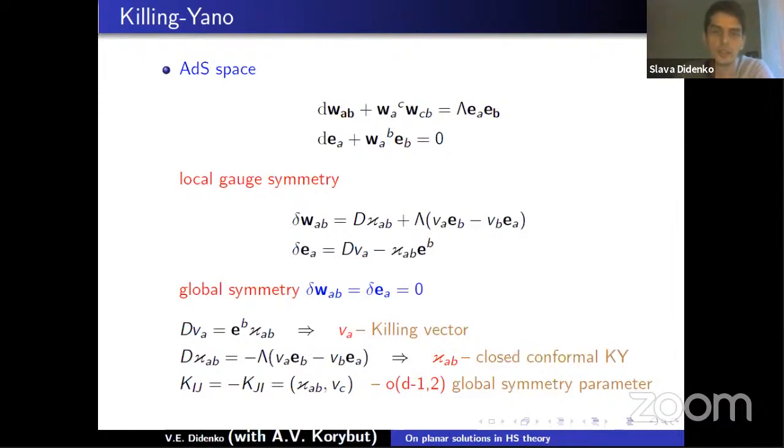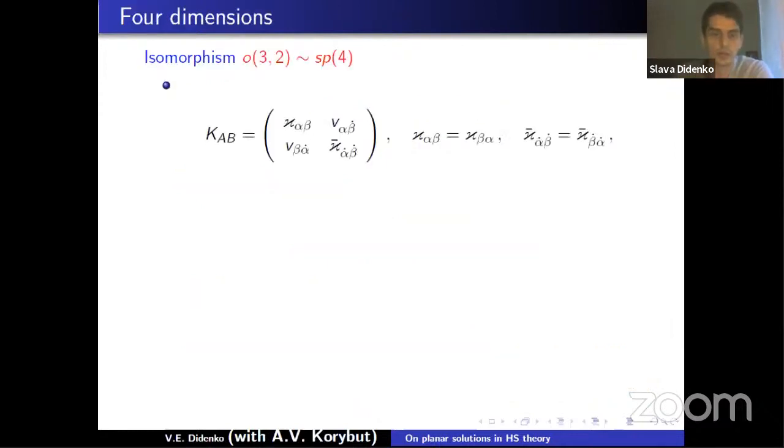So you see in AdS spacetime, those fields go hand in hand, and they can be unified to form the global symmetry parameter of the so(d-1,2) algebra. Okay, so long as we are in 4 dimensions, the following isomorphism will be very useful.